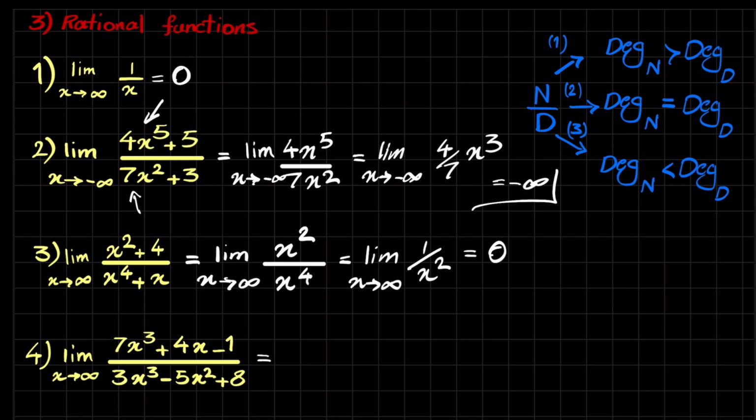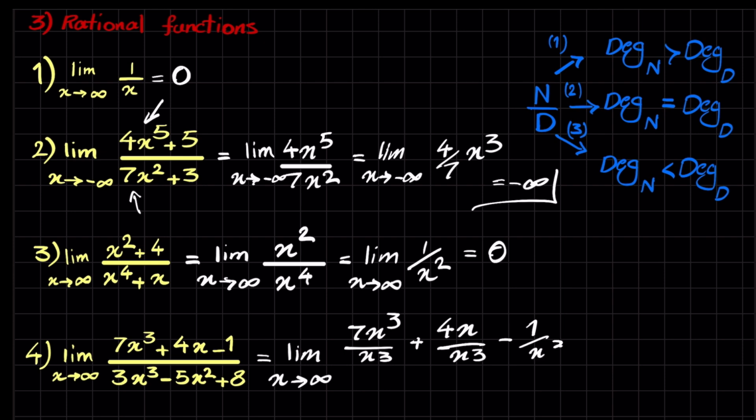So for this one, it's going to be 7x cubed over x cubed plus 4x over x cubed, and it's going to be minus 1 over x cubed.